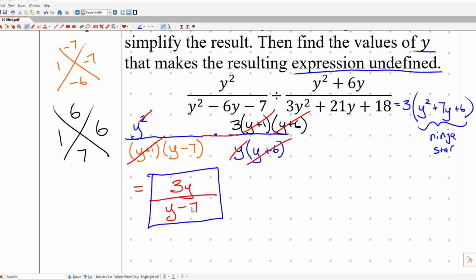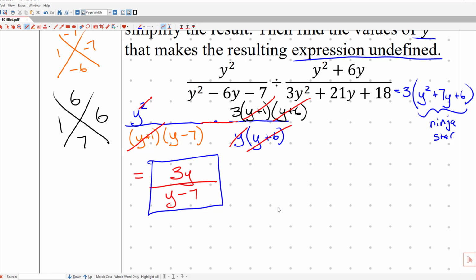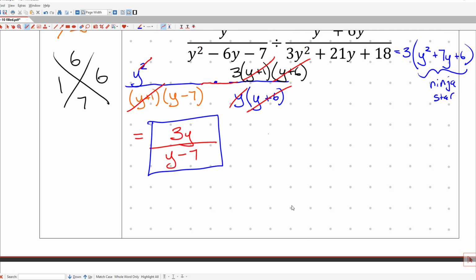This is the undefined part, where I set the entire denominator equal to 0. So y minus 7 equals 0. I didn't really need parentheses there, so let me erase those. Add 7 on both sides, and y equals 7 will make this expression undefined.